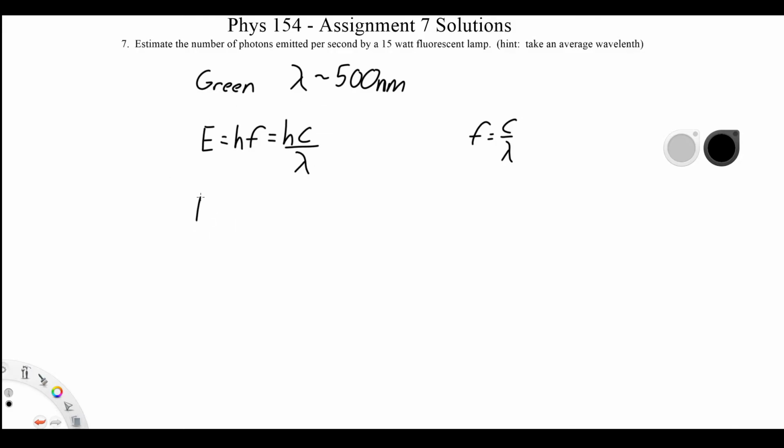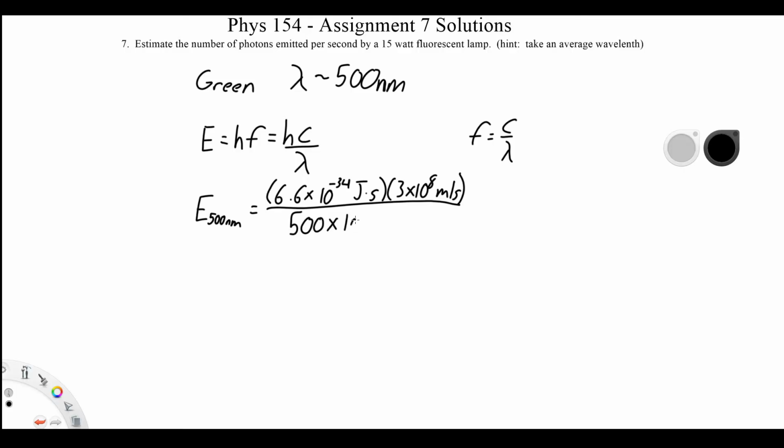And so with this, let us find the energy of a photon which has a wavelength of 500 nanometers. So this is going to be Planck's constant, 6.6 times 10 to the negative 34 joule seconds, times the speed of light, which is, of course, 3 times 10 to the 8 meters per second, divided by our wavelength, which is 500 nanometers.